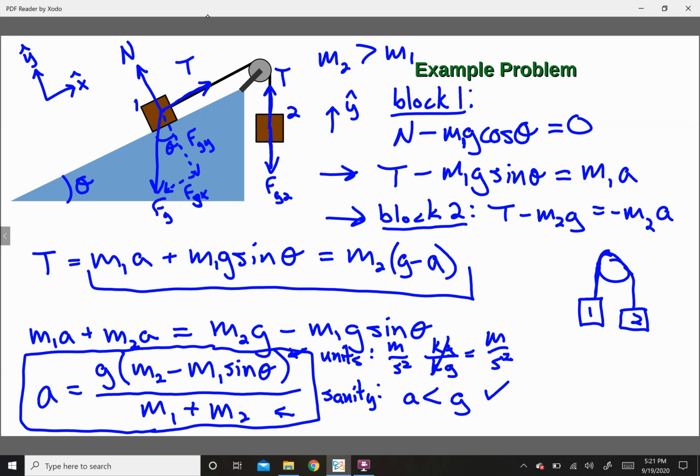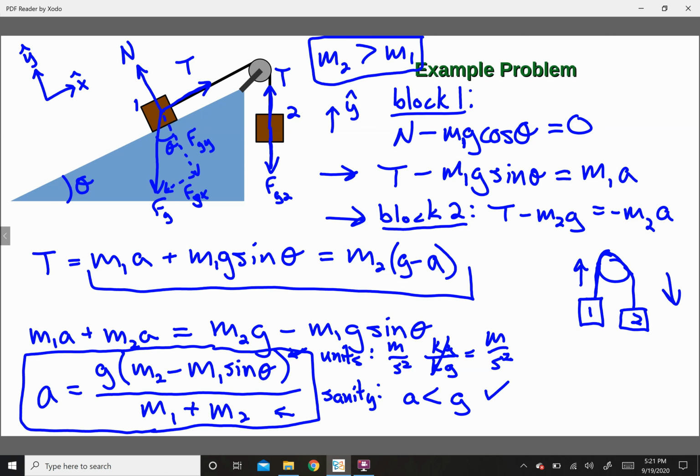So then a just becomes little g times (m2 minus m1) over (m2 plus m1). And so again, I'm always going to be less than g because we said m2 was bigger than m1. Okay? And so the acceleration is always going to go in this direction, or for block 1, in this direction, right?